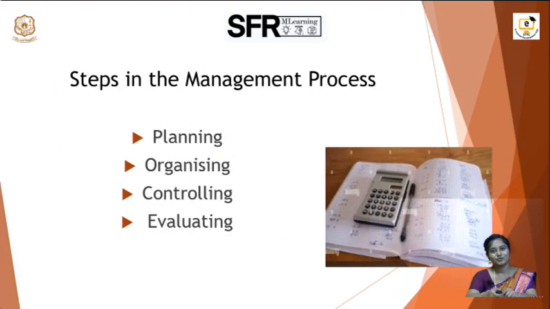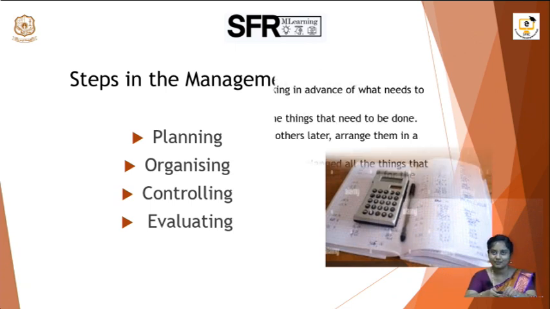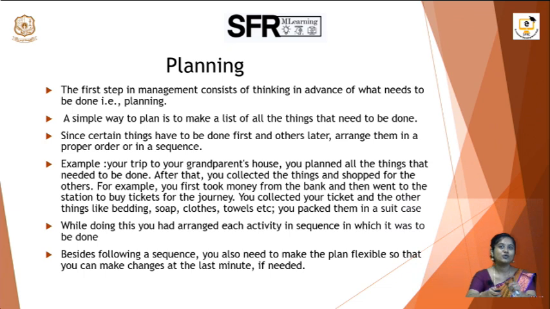steps in the management process. These are the steps that we are going to undergo in the management process. These steps should be followed in a hierarchical order so that we can make effective management. Firstly, planning, second is organizing, third is controlling and fourth is the evaluating step. So, first, the step of planning consists of thinking in advance of what we are going to do.